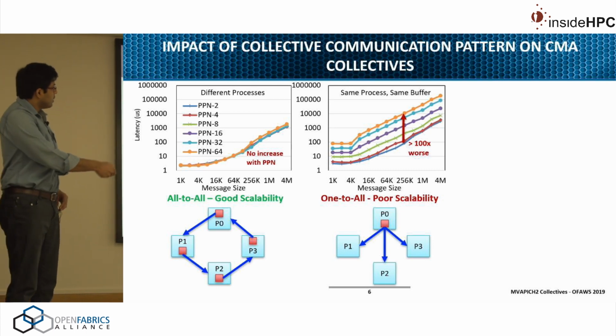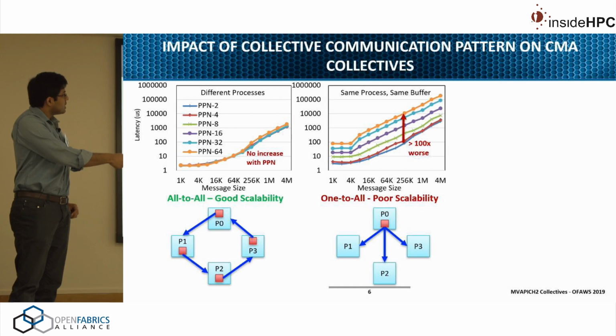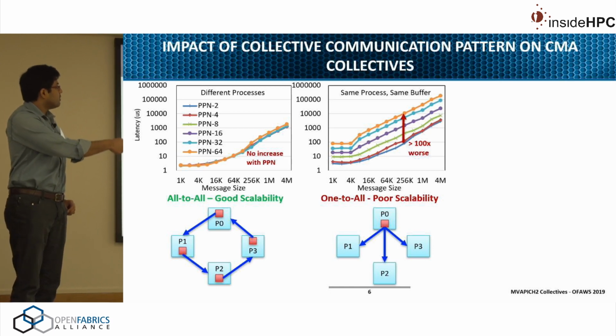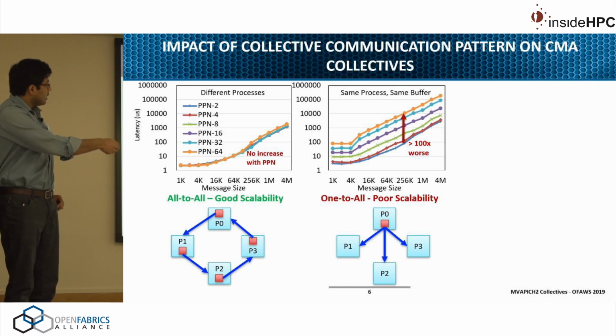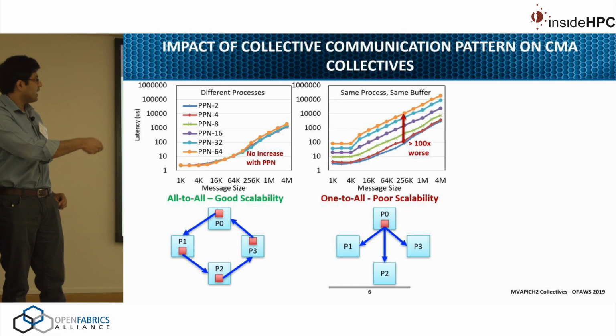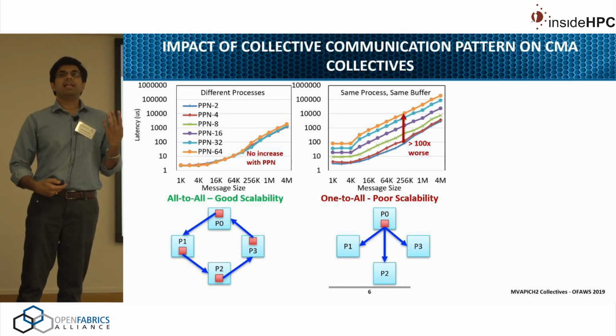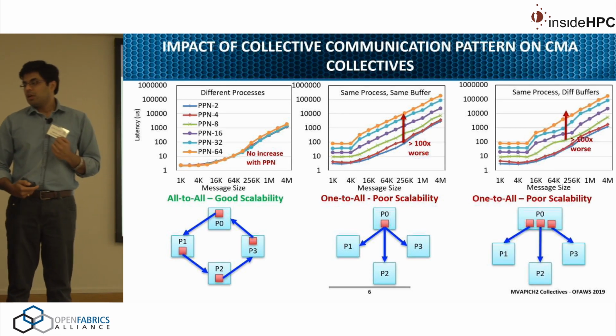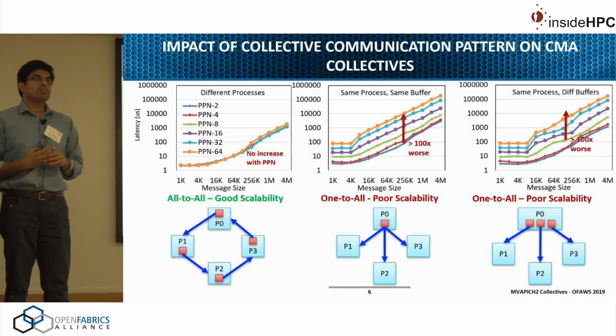As you can see, for a one-to-all kind of operation, there is a significant degradation in communication performance as the number of communicating pairs increases. If you compare one pair versus 64 processes communicating with each other, there is a significant degradation in communication performance for a one-to-all or an all-to-one kind of pattern.